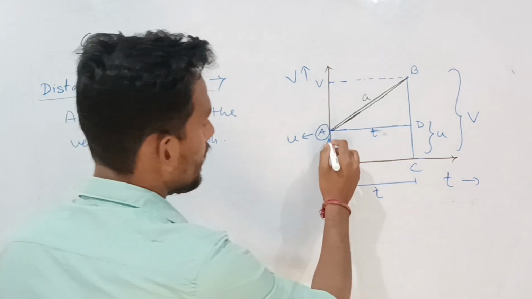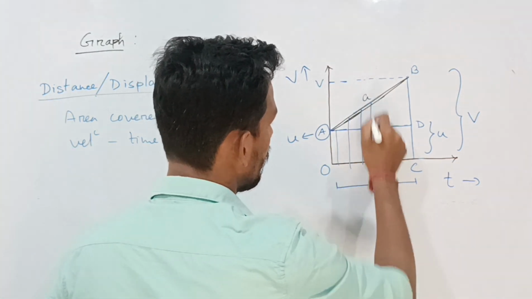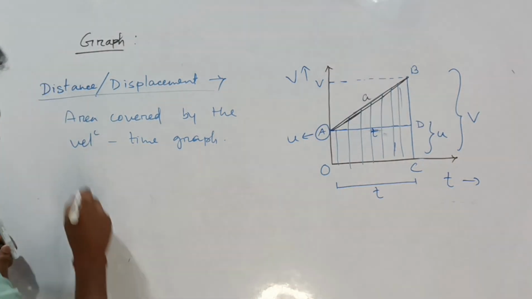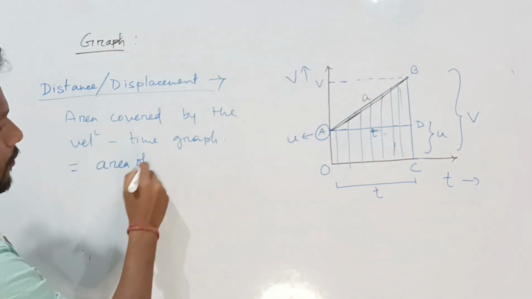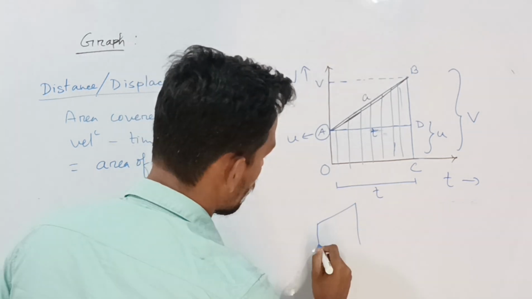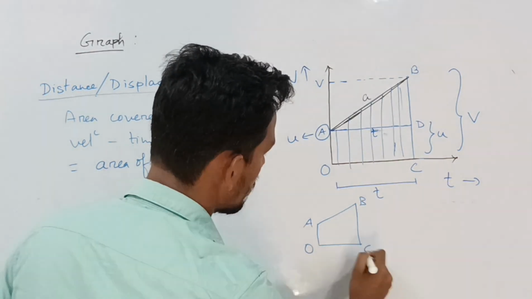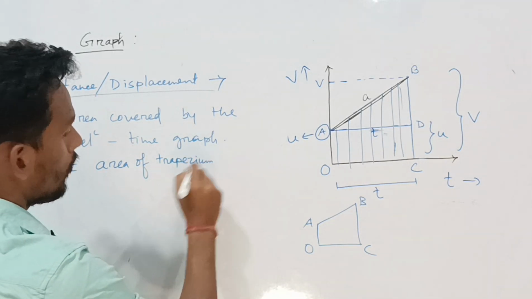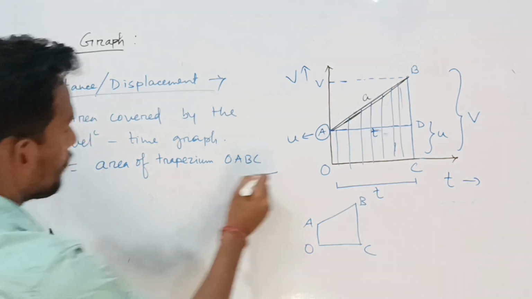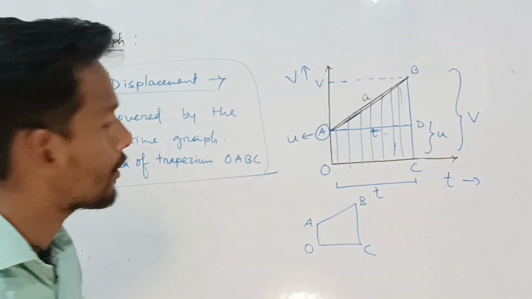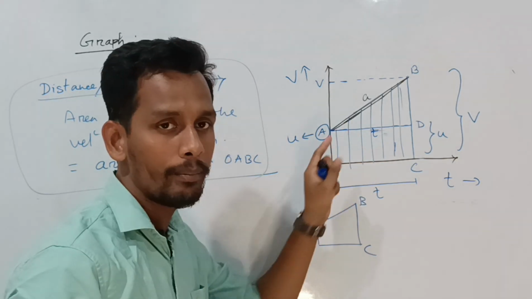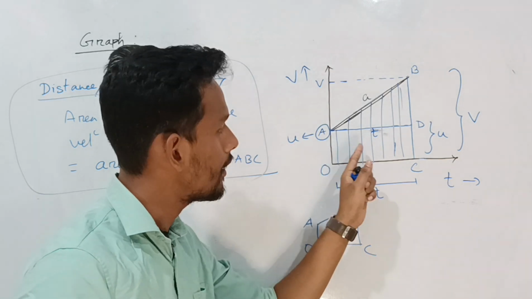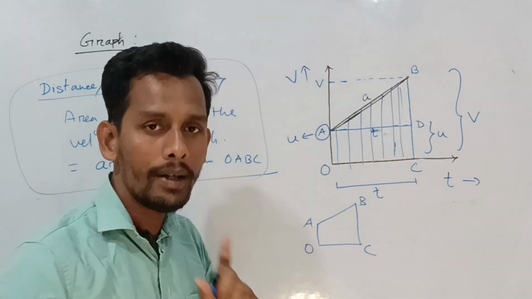Means the whole area from O, this area will give you the displacement or distance. The shape of this is like OABC. This will be a trapezium, so the area of trapezium OABC will give you the distance or displacement for the object. The area covered between the graph and this axis is called the distance. This area will give you the amount of distance or displacement.